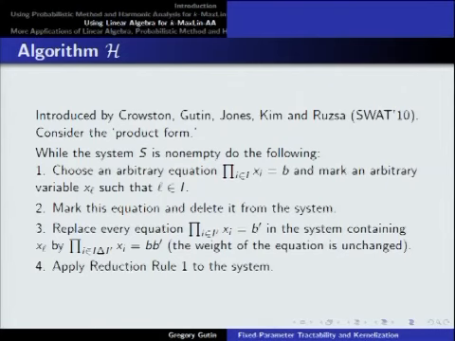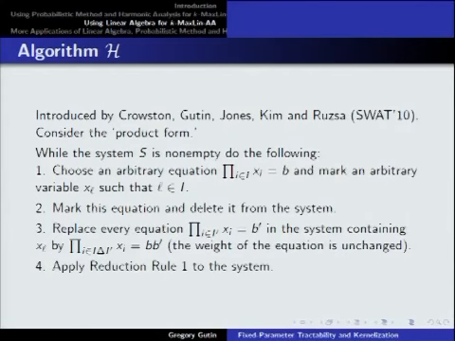again, let's consider the product form, and then let's consider the following algorithm, which we call H. So we do basically Gaussian elimination. As long as our system is non-empty, we choose an arbitrary equation, mark an arbitrary variable in that equation, then mark that equation and delete it from the system.